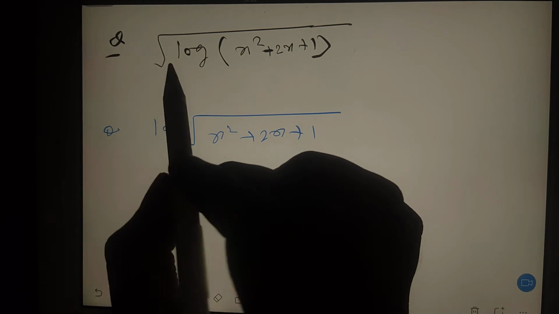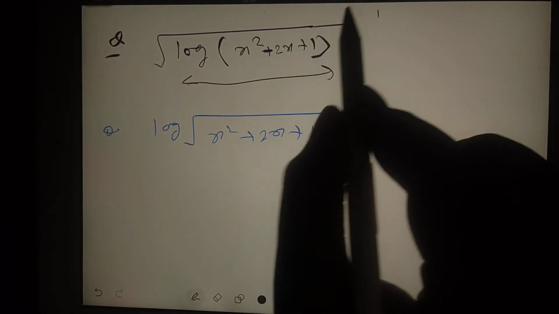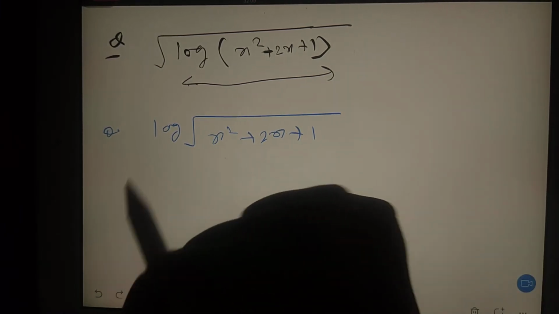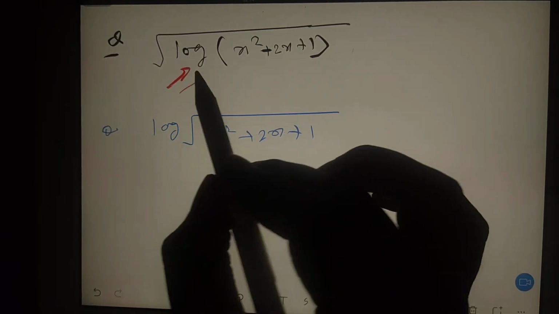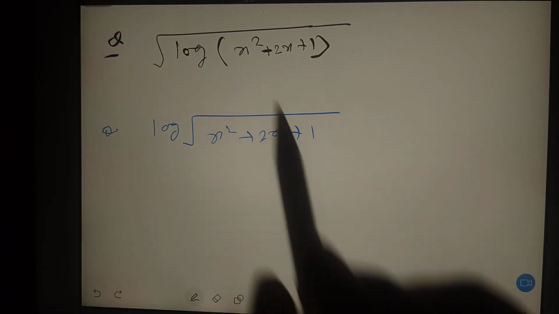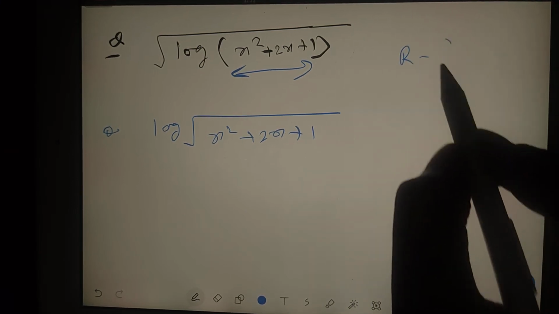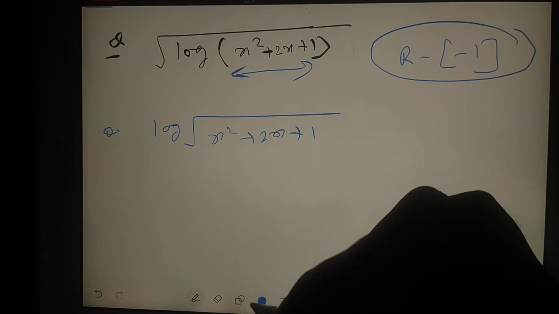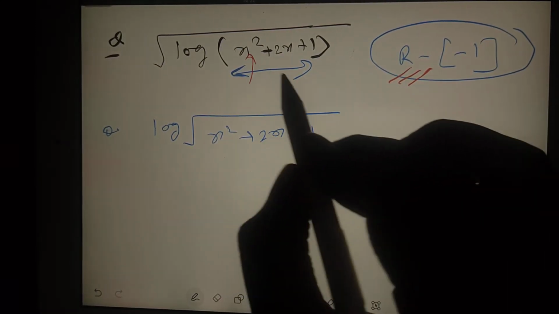Okay, if log is defined for anything, then automatically root will be defined for that, because before the root, log is a trouble. I am talking about the first question, this here. So whatever we have solved, we have got the answer that R minus -1, this total is my set of domain. So this answer is satisfied for this x and this x.